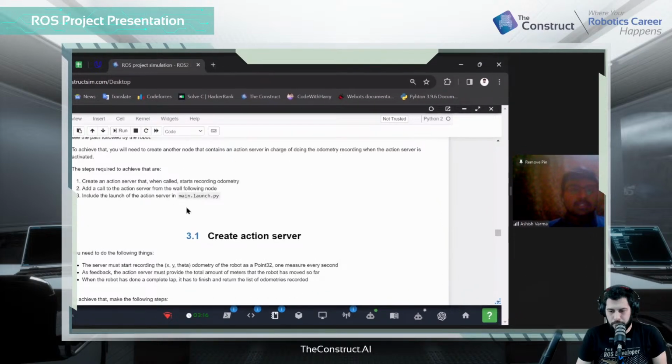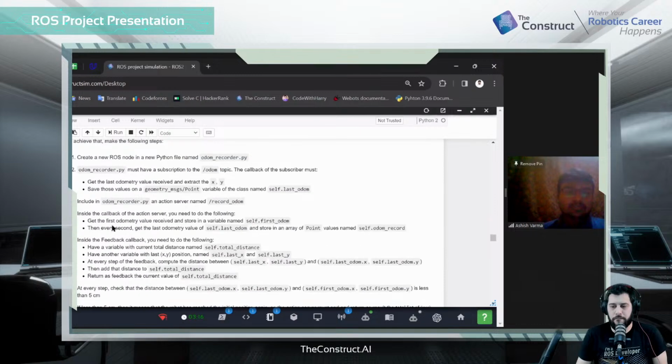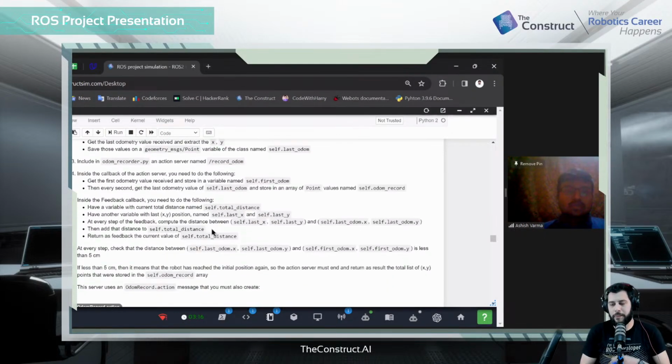And the third section is the action server, actions. For that, we need to create an action server where we need to give updates of the robot, like how much distance it is covering at a particular time.